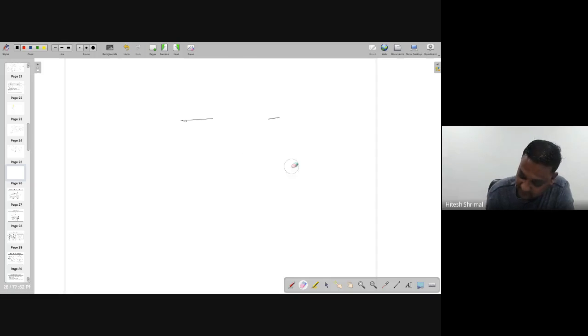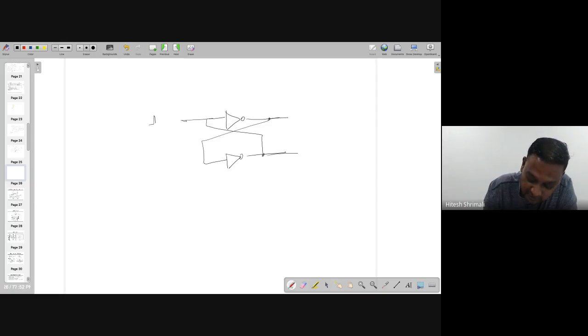I'm not going into key debouncing completely, but key debouncing uses NAND gates or NOR gates. So if this is the circuit, let's assume I'm giving an input like this. As per your theory, if I'm giving it directly, the output might be like this, right? Because of this inverting action.